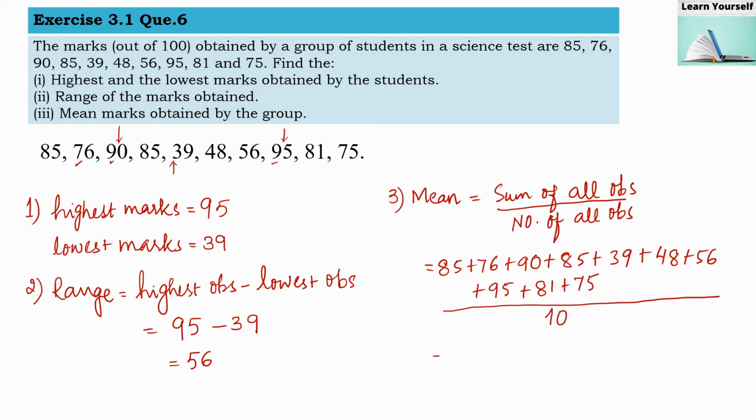When we add all these numbers, the sum is 730, divided by 10. So we will get the answer 73. So 73 will be the mean for these observations.